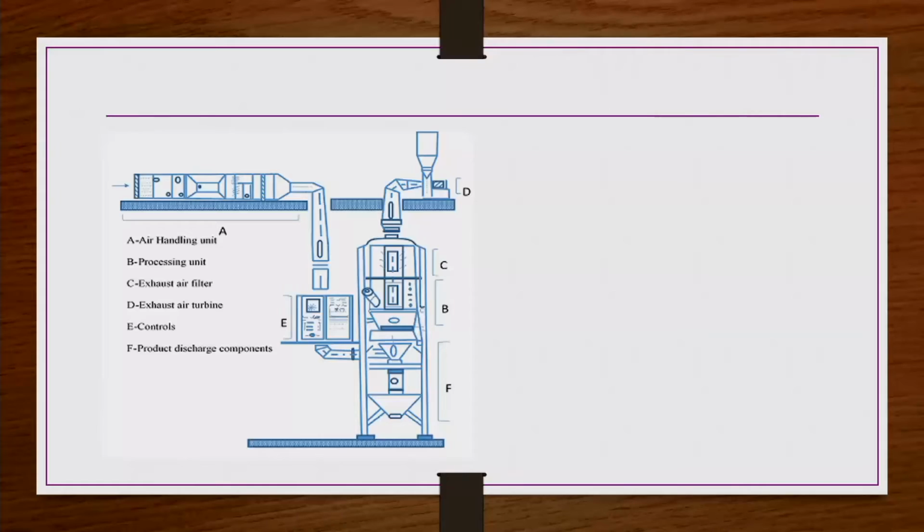So the schematic, as already stated here, has a dehumidifying section. This air handling unit dehumidifies the air and then heats the inlet air if required, and then that air comes through this processing section.